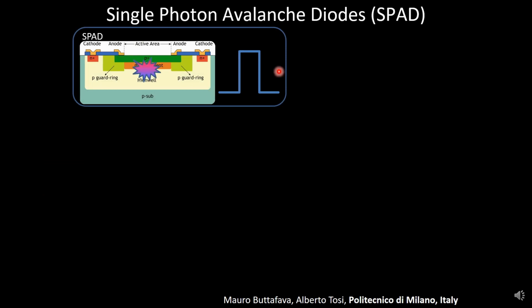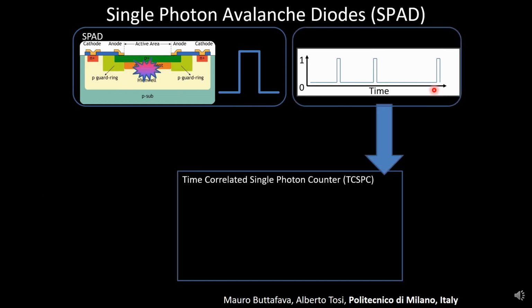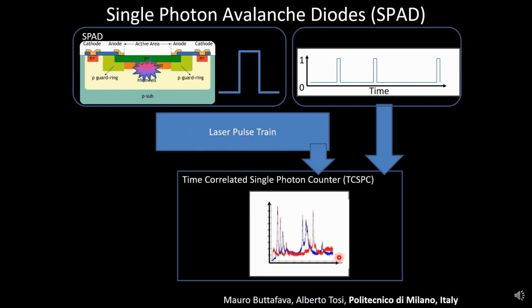You can think of these as working like a Geiger counter for photons. Whenever the pixel detects a photon, it will send out a little impulse, just a logic pulse, and then it's blind for a little bit while it's being reset. Basically, out of the detector, like out of the Geiger counter, you get little clicks whenever it detects a photon.